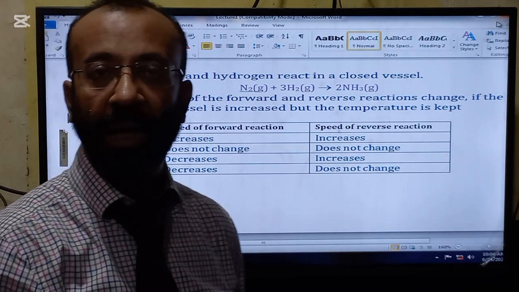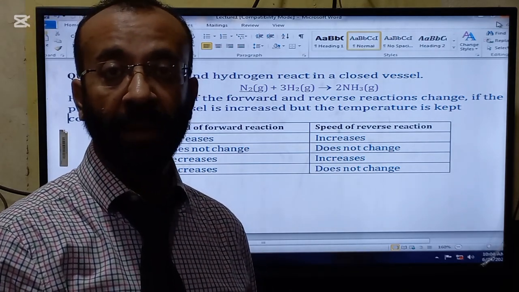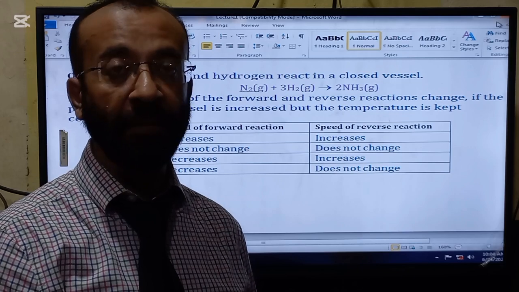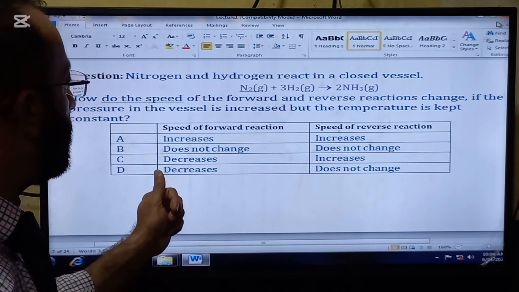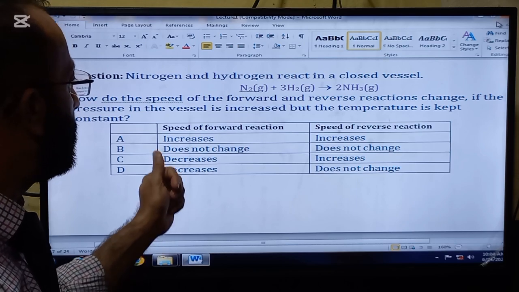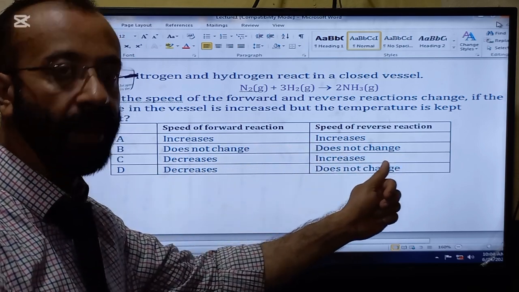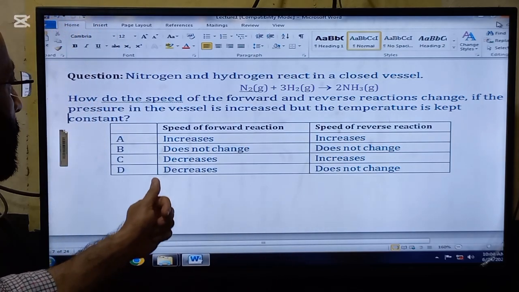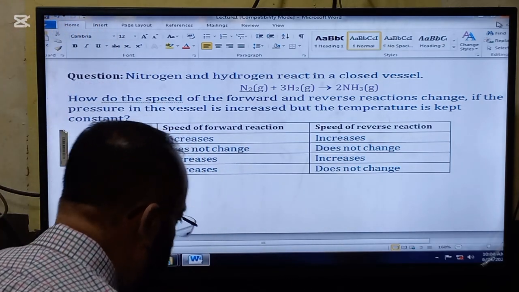So listen, one more point that is very important. When the speed of a chemical reaction increases, try to understand and keep this in your mind: the speed of the forward reaction as well as the speed of the reverse reaction also increases. So this point will be applied when pressure is increased.